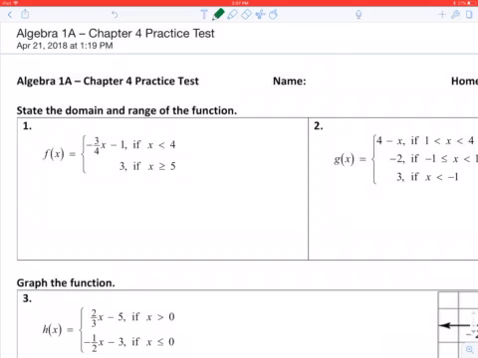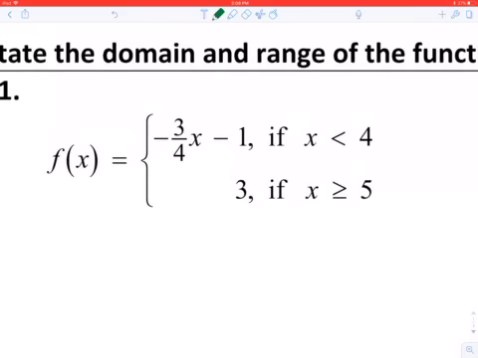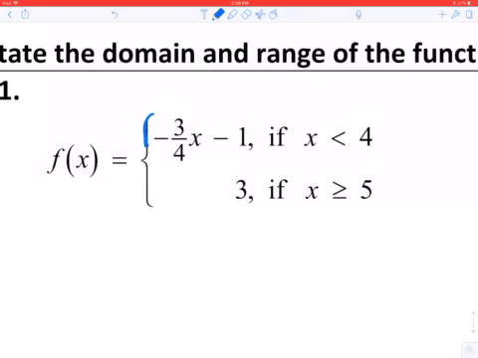A quick review: in chapter 3 we started working with functions, and in chapter 4 we started working with piecewise functions, where the difference is you will usually see this little curly bracket, which implies that if I plug in a number, it depends on where that number would fall, if I can even use it, or what my output would be.